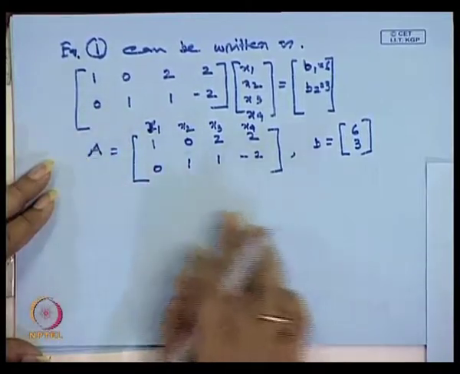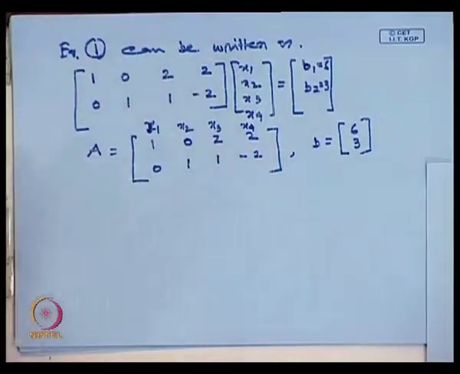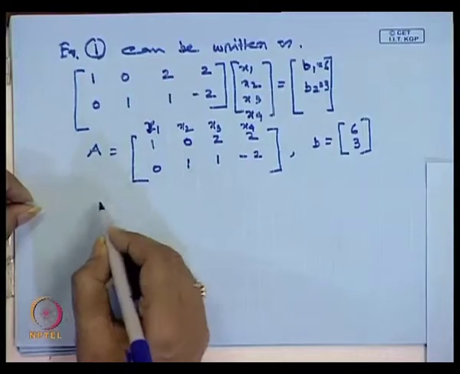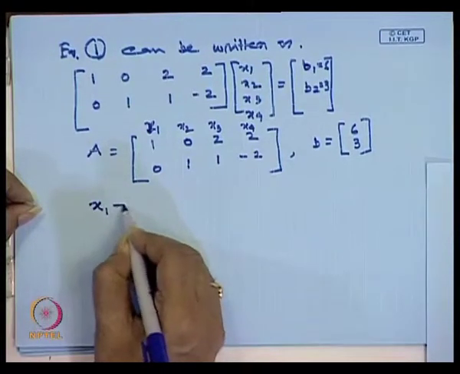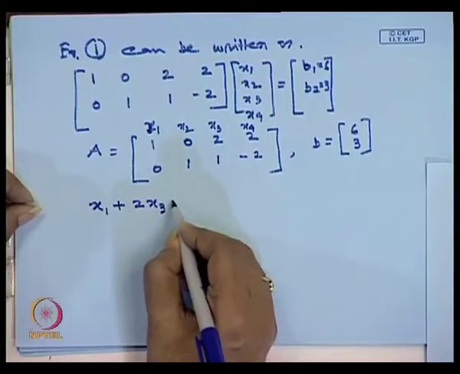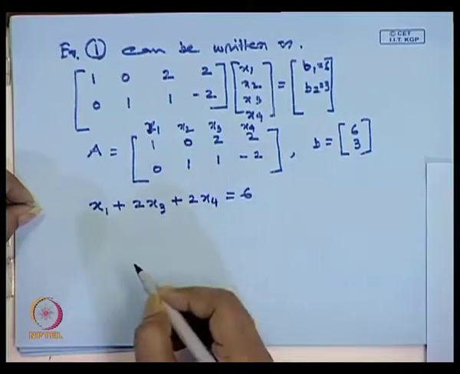Now, for the first one, if we want to represent whatever we have done in matrix and vector form, in other words elementary row operations, we can do it this way. What I am writing here: x1 plus twice x2 plus twice x4 is equal to 6.